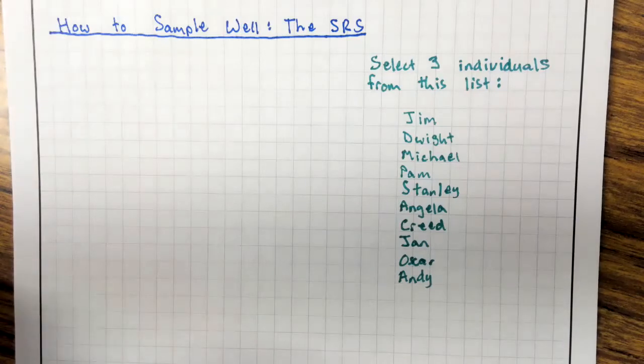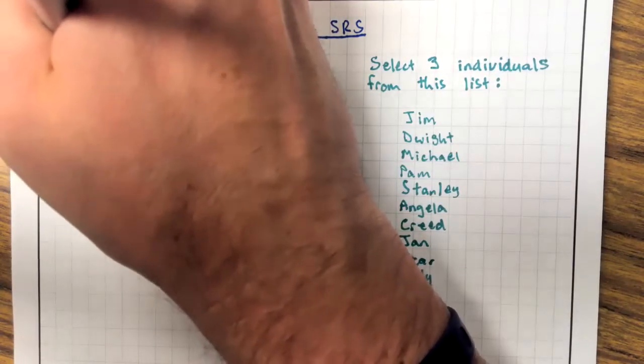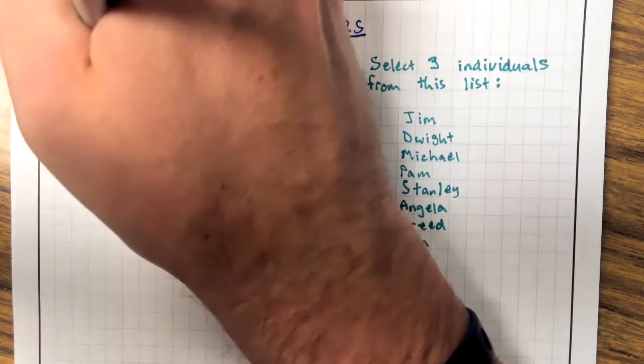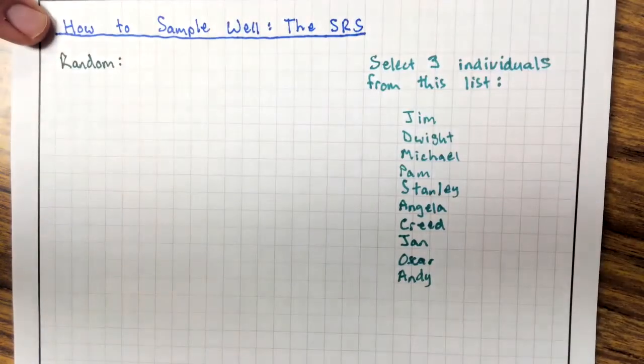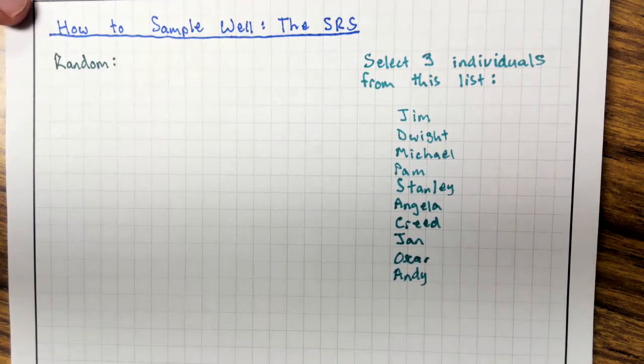So the SRS, before we actually do some simple random samples, let's define a couple things real quick. First off, we need to know what random means in terms of statistics. What does random mean? In everyday language, you might be with your buddies and say, "Oh, dude, you're so random." But that's definitely a different meaning than it is in statistics.